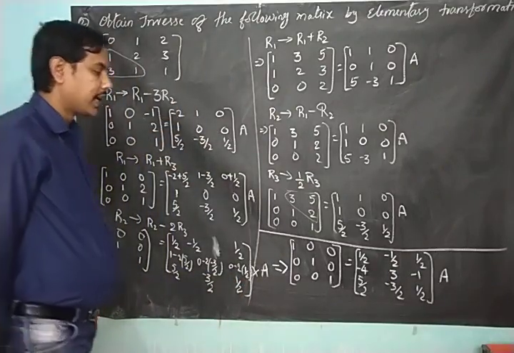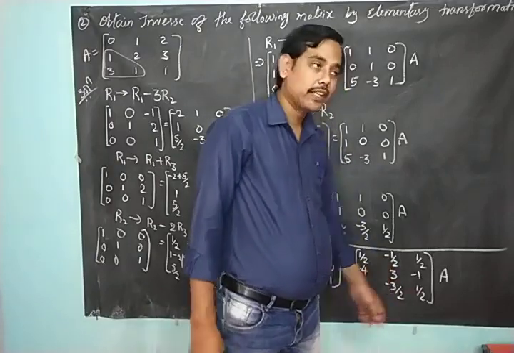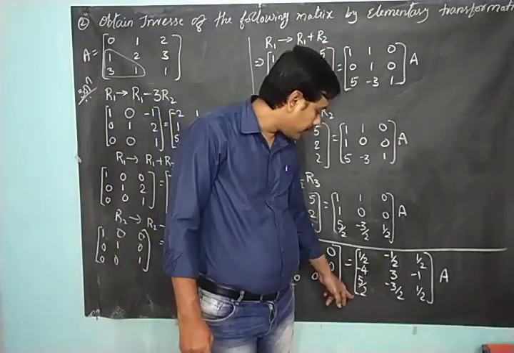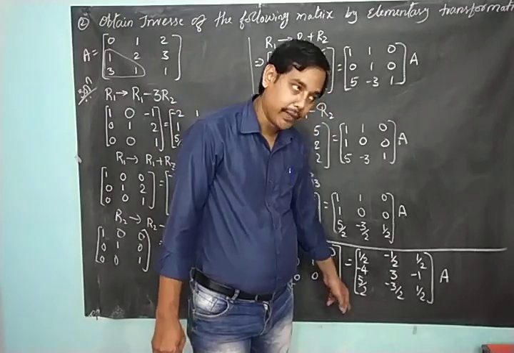So now we know that I is equal to A inverse into A. So as I is equal to A inverse into A, what will be our A inverse? This particular matrix.